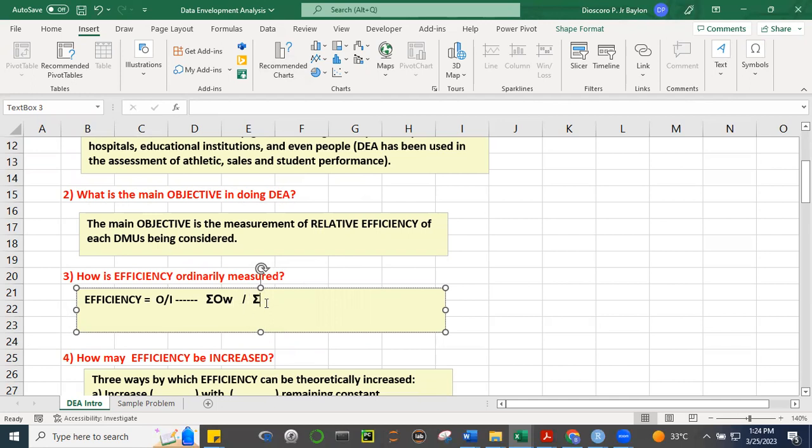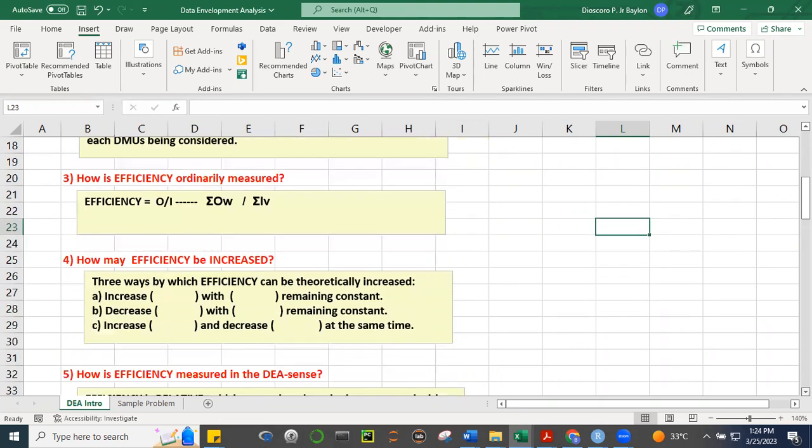Weighted outputs over weighted inputs. This is how we measure efficiency as far as DEA is concerned. It's not the simple output over input, but a weighted output divided by the weighted input.